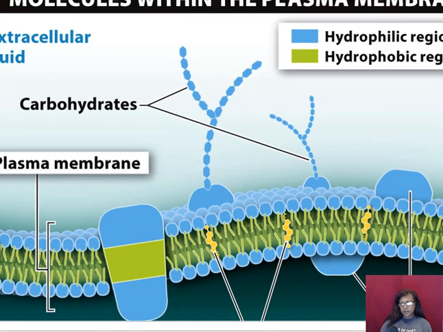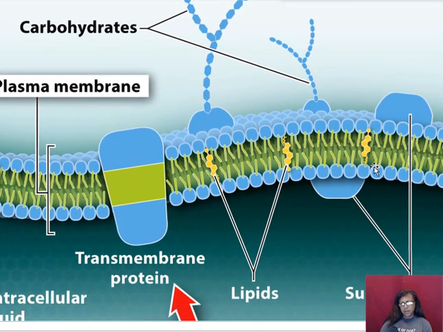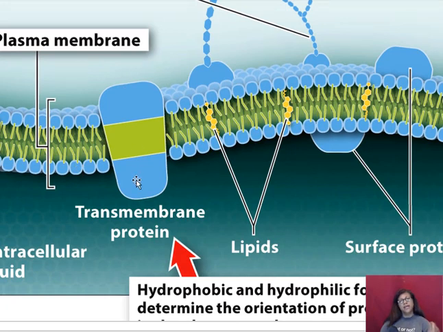So here we have the plasma membrane in the sort of bluish color here. We have the hydrophilic region, remember, the heads that love water. And then in this greenish color, we have the hydrophobic region. These are the tails that hate water. And we can see the proper alignment based on its polarity. But we have these different carbohydrates that are there. We have these transmembrane proteins, trans meaning going across, that are actually crossing the membrane.